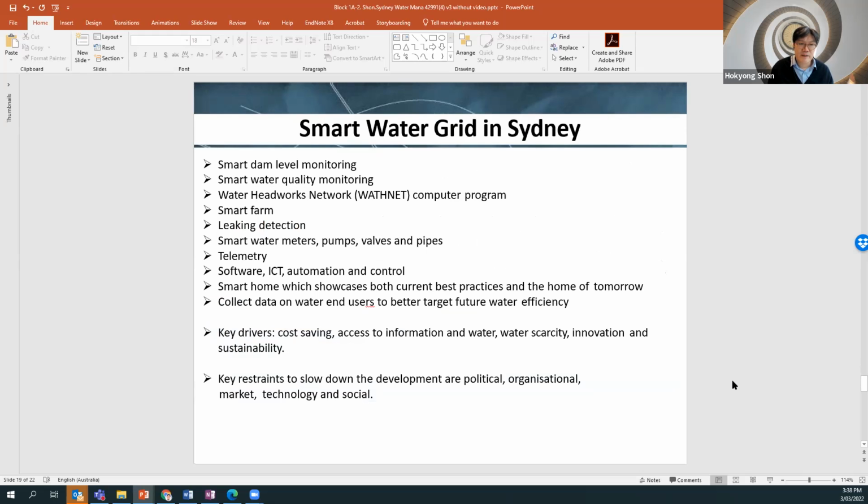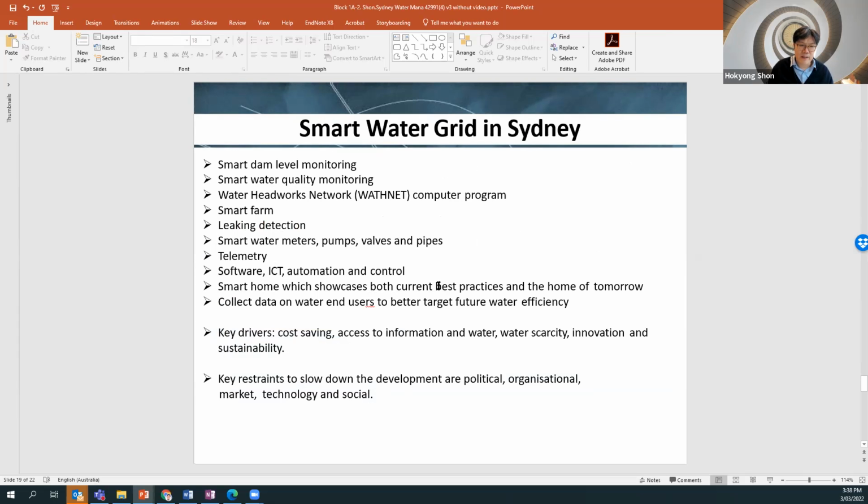The smart dam, smart water quality, water head works network, computer program, smart farm, leak detection, smart water meters, and then telemetry, software, ICT automation, control, smart home, which showcases both current best practice and the home of tomorrow.